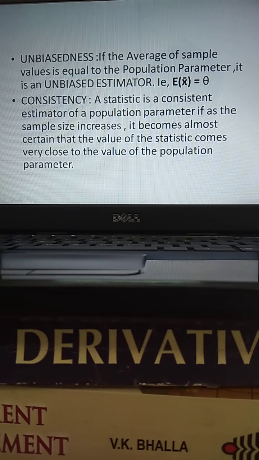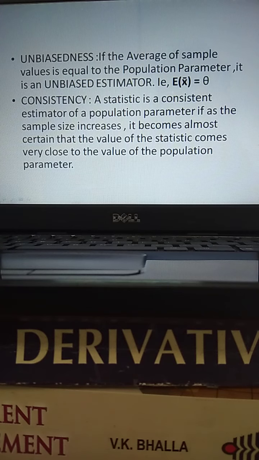So what is unbiasedness? If the average of sample values is equal to the population parameter, it is an unbiased estimator. That is, expected value of x bar is equal to theta. Then what is consistency? A statistic is a consistent estimator of a population parameter if, as the sample size increases, it becomes almost certain that the value of the statistic comes very close to the value of the population parameter.